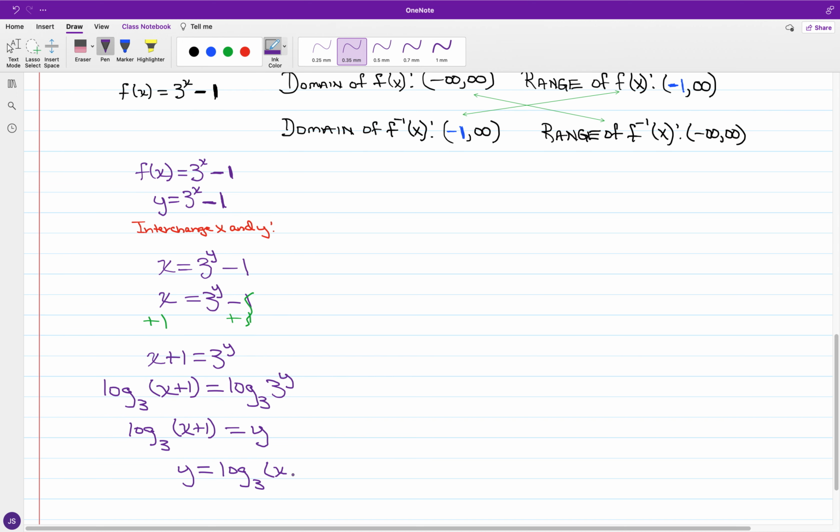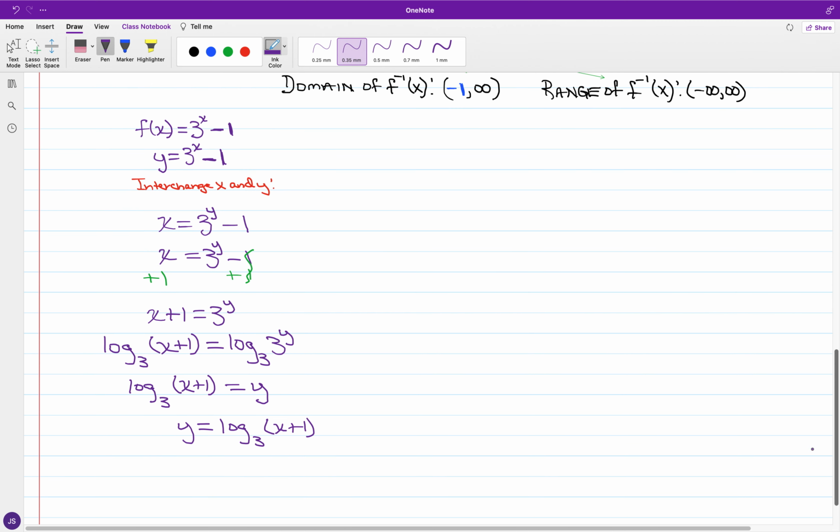And just switching around, I have y is equal to the base 3 logarithm of the quantity of x plus 1, and we have the inverse. So the inverse of y is equal to 3 to the x minus 1 is going to be y is equal to the base 3 logarithm of x plus 1. And let me give you just a bit of a visual here.